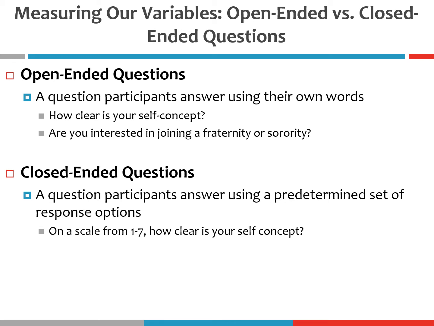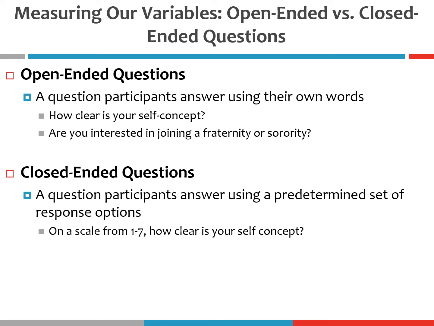So whenever we ask an open-ended question, we are inviting our respondents to answer using their own words. So they're not actually choosing a predetermined set of responses. They're creating their own response, right? So for example, we could simply ask them, how clear is your self-concept? Or are you interested in joining a fraternity or sorority, right?